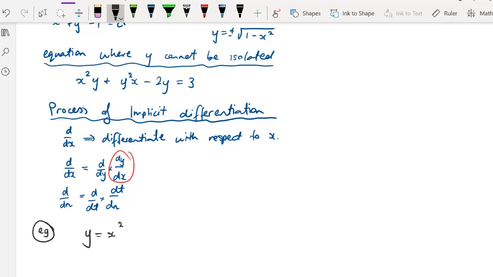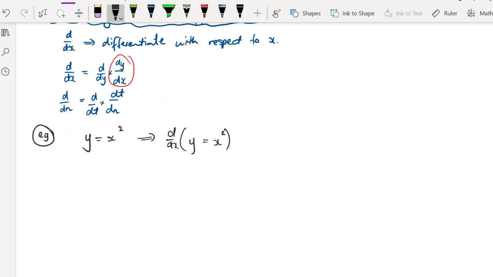If we take an implicit approach, even though this is an explicit function, we could say d dx of y equals x squared would be that we can find the derivative of y with respect to y, but we'd have to multiply by dy dx, so this would be 1 multiplied by dy dx, and derivative of x squared with respect to x, and that would just be 2x. So we end up with dy dx is equal to 2x in this case, which we know to be correct. So it's an implicit approach to an explicit function, just so you can see how it works.